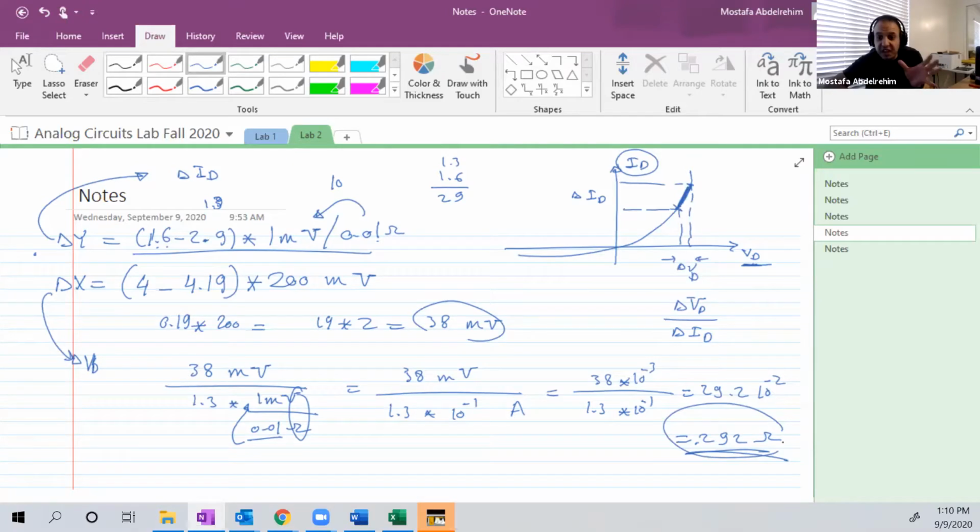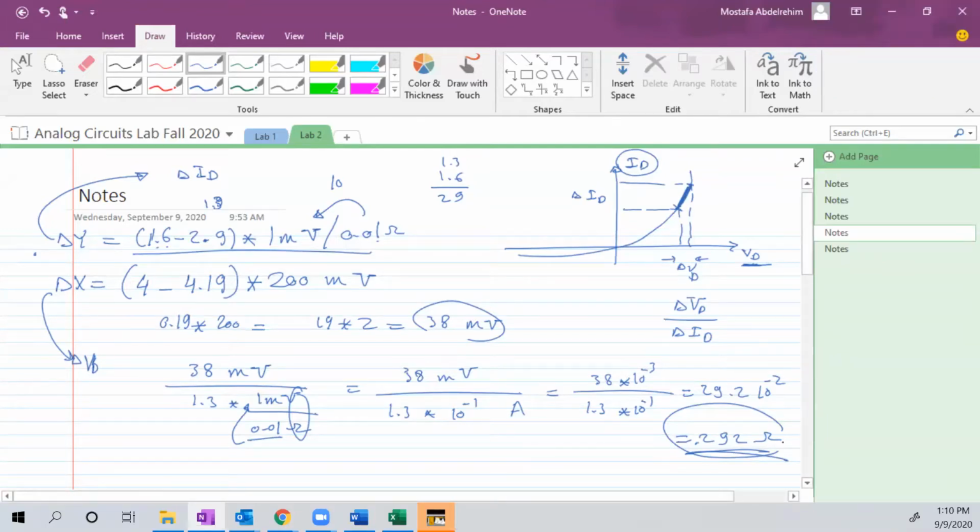But we take care of the change from 1 ohm to 0.01 when we do the calculations, by dividing by the value of the resistance.